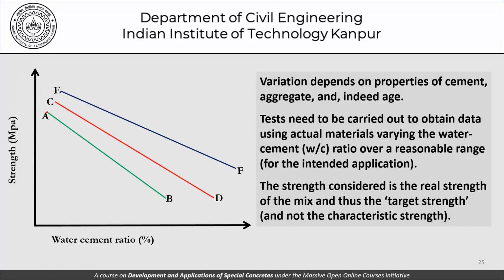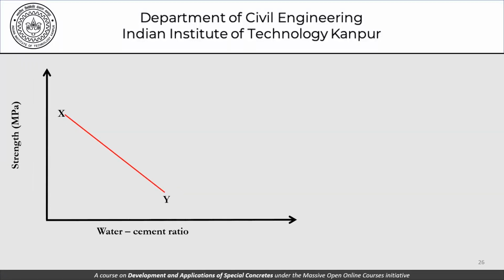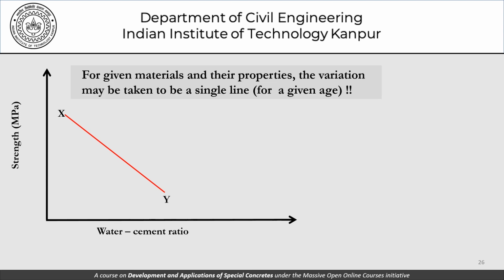Tests need to be carried out again to obtain the data using actual materials, varying the water cement ratio over the reasonable range for the intended application, and the strength considered is the real strength of the mix and thus the target strength and not the characteristic strength, which means that we'll finally have to determine this unique line, let's say XY, such that for a given material and their properties, the variation is taken to be this line for a given age.